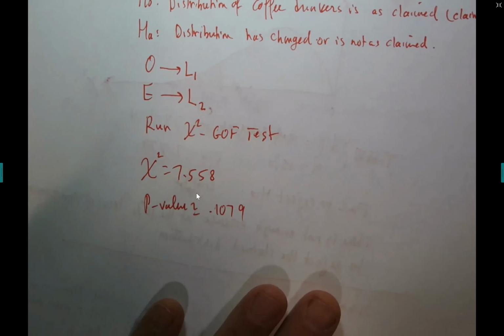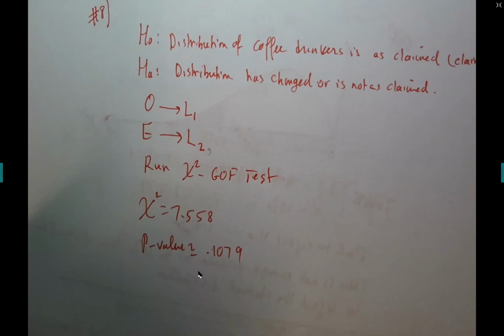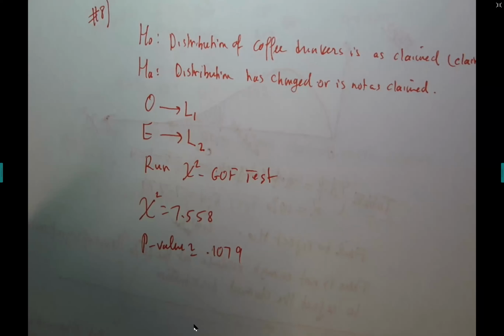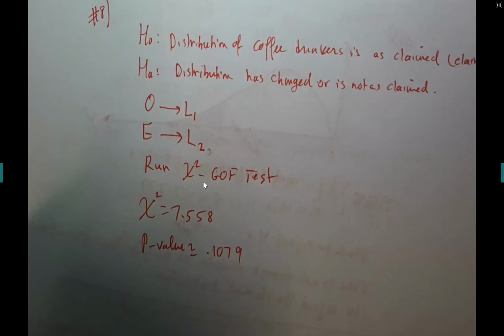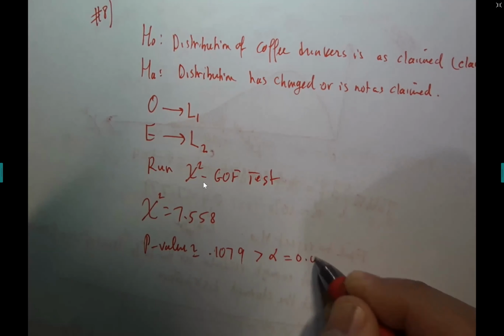Okay. And the p-value, I don't remember what alpha was, guys, in the question. I think it was 5%. Let me double check. Okay, alpha is 5%. So we'll go back. Well, you guys agree with me that this is bigger than alpha.